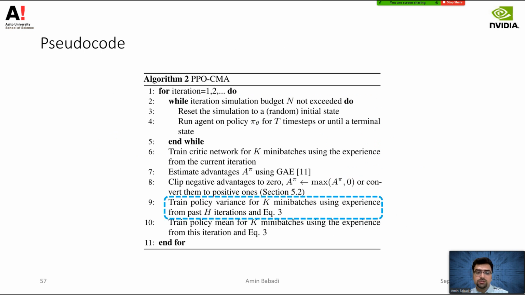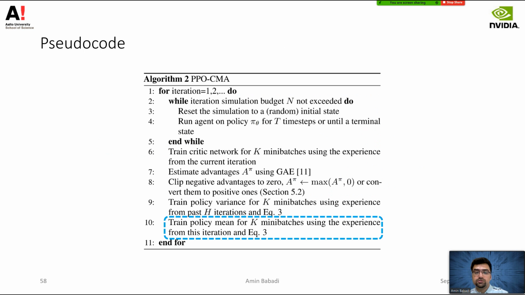Then we train the policy variance network using experiences from the past H iterations. And finally, we train the policy mean network using the experience from the current iteration. As you can see, PPO-CMA is fairly simple to implement, and one can use the available deep learning libraries, for example, TensorFlow, to implement the loss function and the neural network.